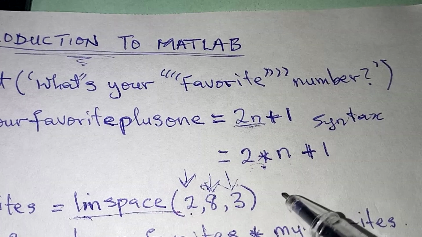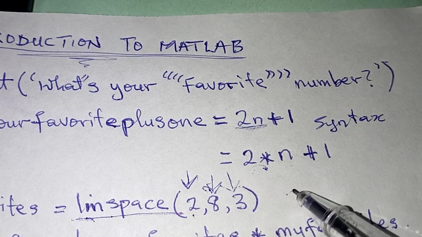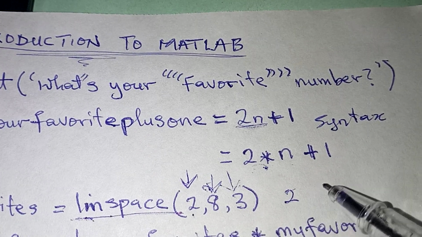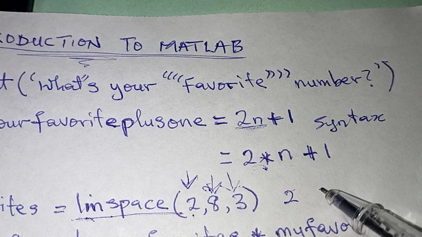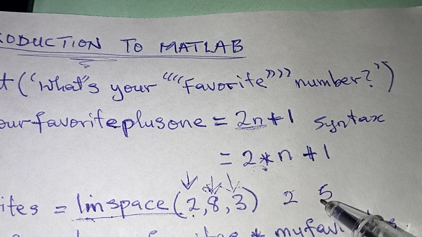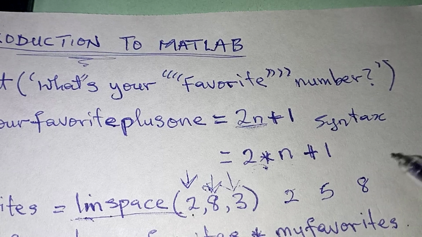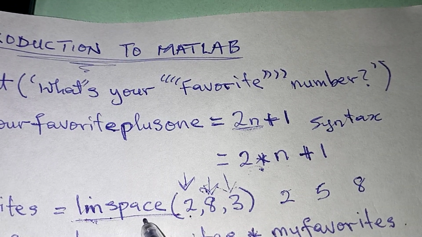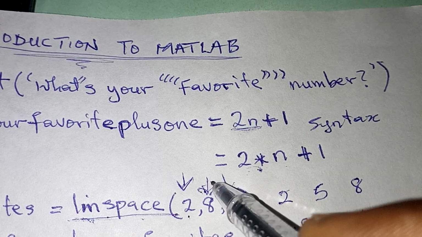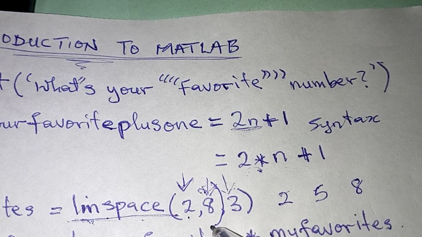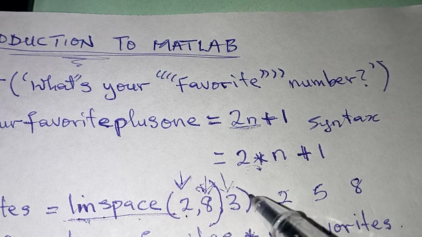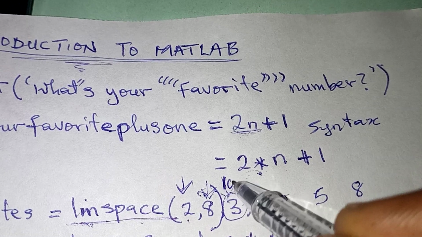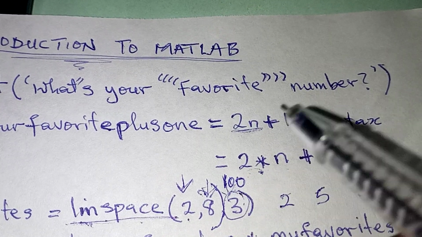So you don't have any error with this. In your MATLAB you see something like starting from 2, and since it's just 3 values, maybe they can call it 5 and 8. Naturally, if you use linspace and probably you just write 2 and 8 only, leaving out this interval, MATLAB will naturally, being inbuilt, replace it with 100.